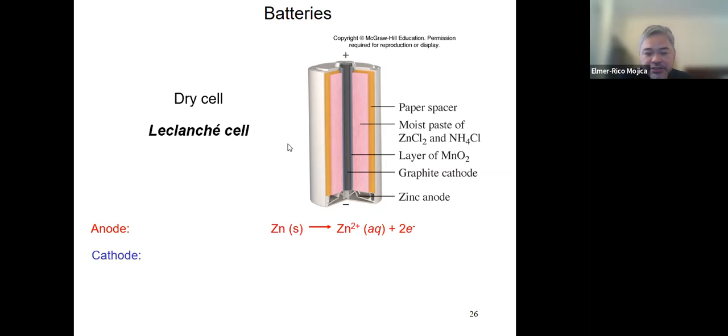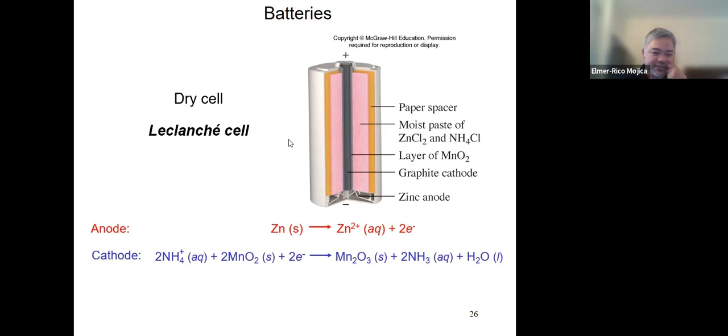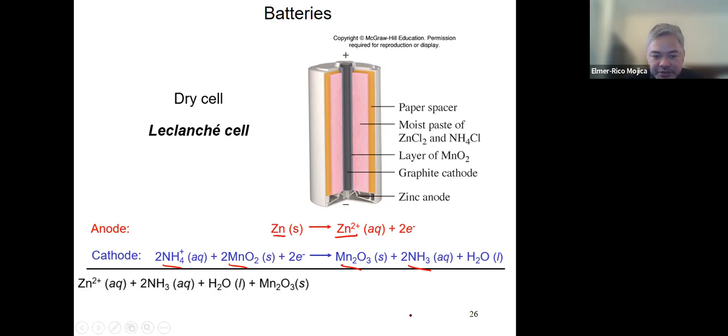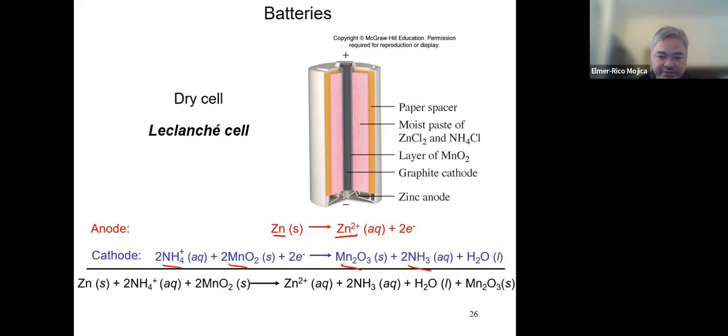In the redox reaction there, the zinc is oxidized to zinc 2+, and in the cathode half reaction, you have ammonium reacting with manganese dioxide to produce manganese oxide and ammonia. If I'm not mistaken, here you have a graphite cathode, the black solid particles in the sample.